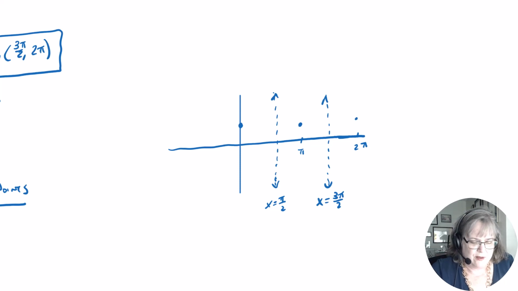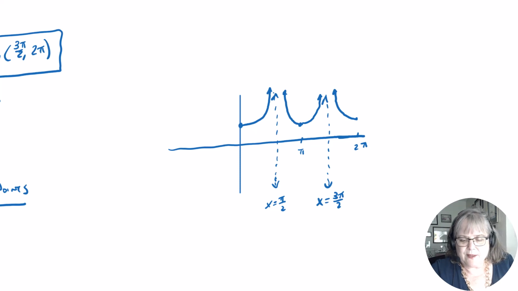And based on our limits, it looks like this, which basically looks like you took the secant curve and made everybody flip positive. Now this one down here is technically open because we're not getting to 2 pi, but I think you kind of get it. All right, and that's the trig one.